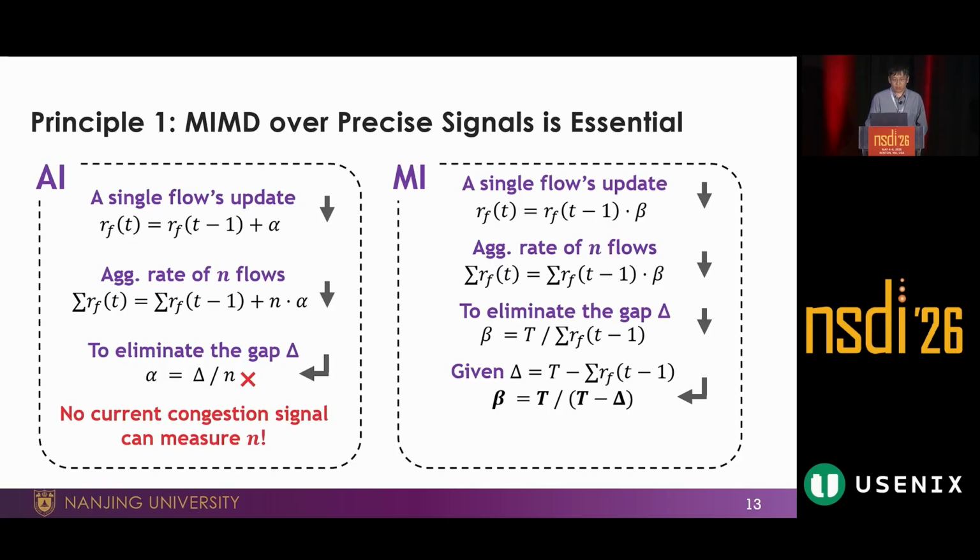So eventually we get beta equals T divided by T minus delta. This is independent of n, because we already know our target link capacity, and delta can be measured from signals. So our first principle is that MIMD is essential.